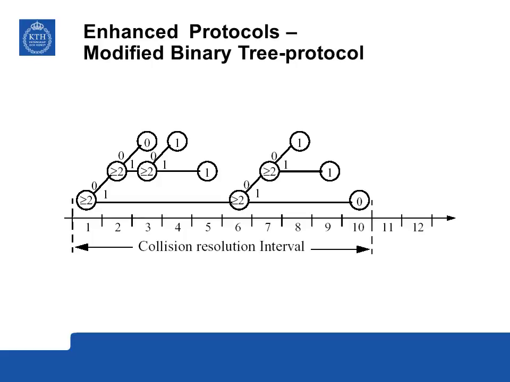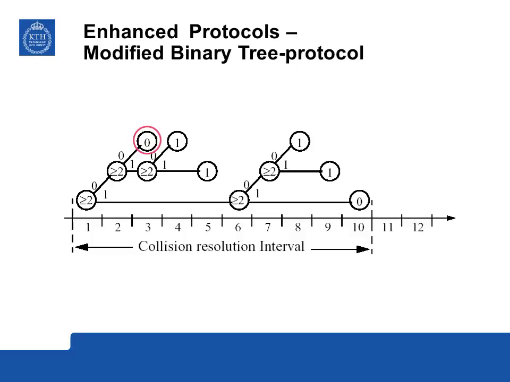Mathematically, the analysis also shows some simple modifications of the binary tree protocol, and one obvious modification is the following. In our example, we can see when slot number 3 was empty and slot number 2 held a collision, then we already know that there will be a collision in slot number 3.